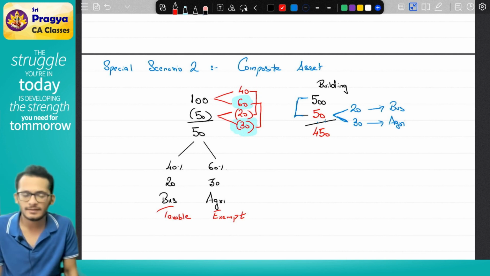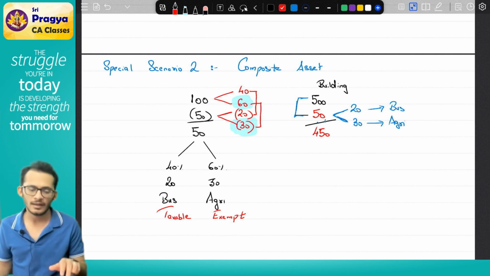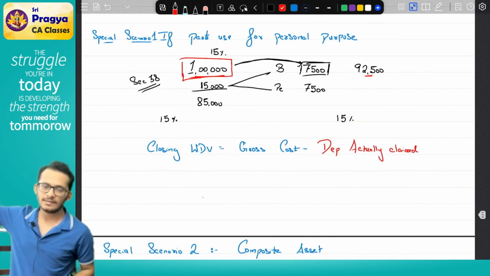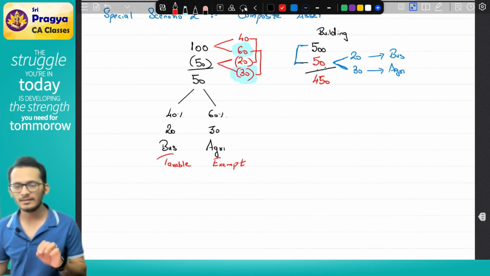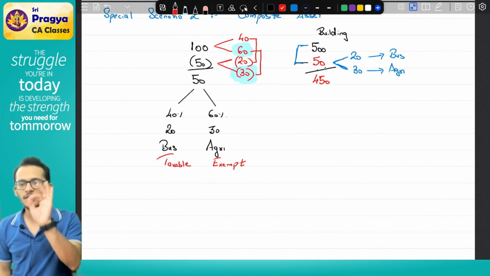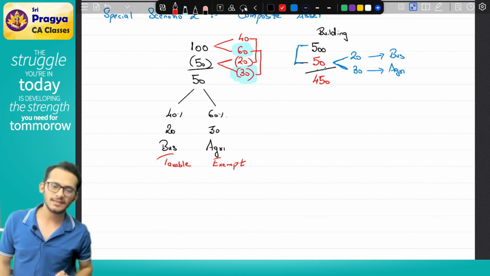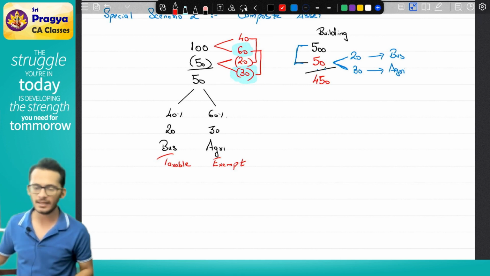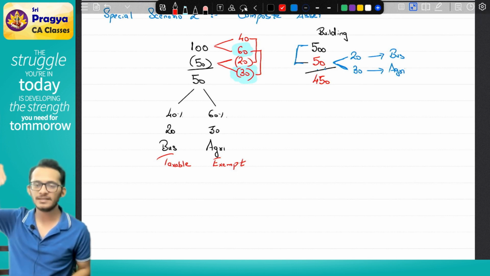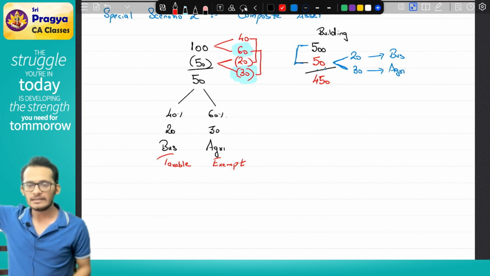Yes or no? Yes. In exam, Rahul, this is confusing, because in exam, here you are putting 7,500, here you are putting 50. How to remember, Rahul? Simple. When you prepare your PGBP statement, the number you put there, put it off directly. When it was personal nature, you would have only claimed 7,500, so you reduced 7,500.